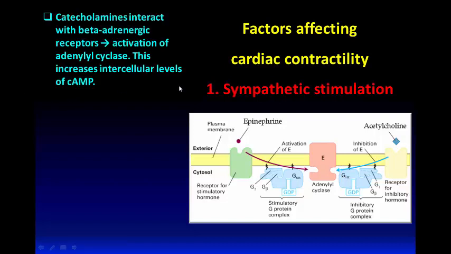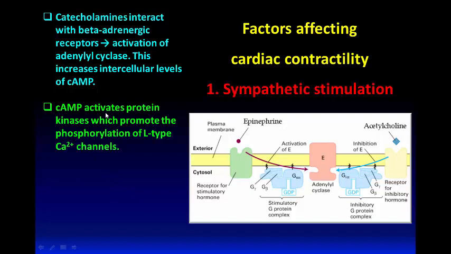So the catecholamines, the sympathetic stimulation: when the sympathetic system is stimulated, we have release of catecholamines, epinephrine and norepinephrine, and these interact with beta-adrenergic receptors in the sarcolemma, and when this happens, they activate an enzyme known as adenylyl cyclase in the sarcolemma, and this increases the intracellular levels of cyclic adenosine monophosphate.